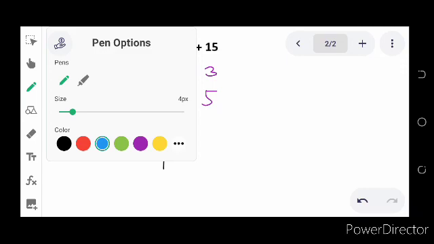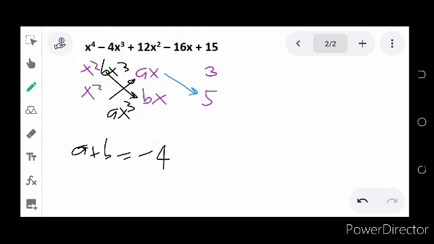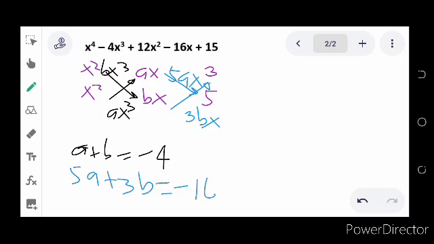Then do this one here: you have 5ax. Then do this one, 3bx. These are all coefficients of x, so this has to be equal to negative 16. So we will now have 5a plus 3b equals negative 16. So again, you now have a system of equations for a and b. So we're going to solve for the values of a and b.